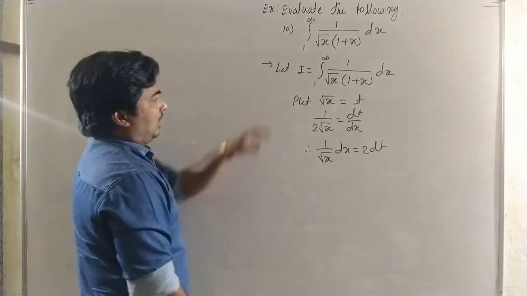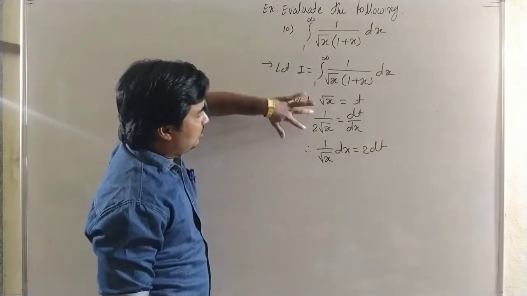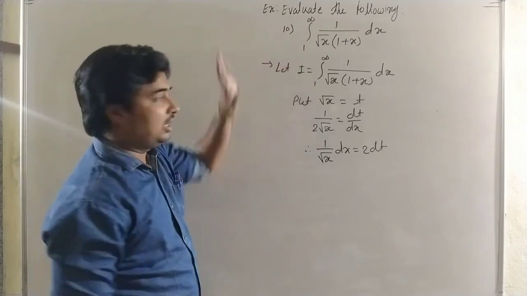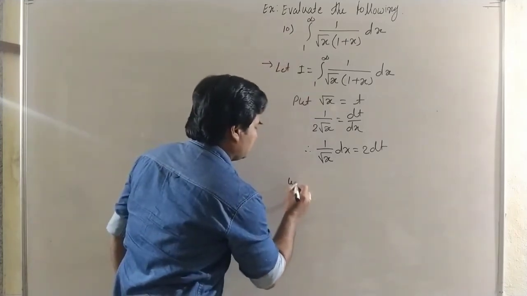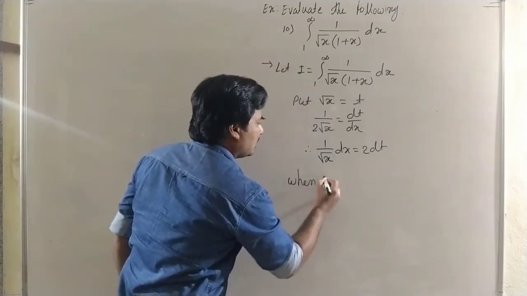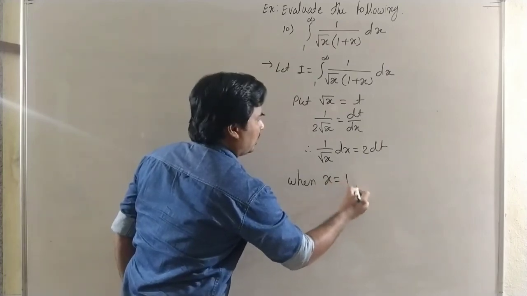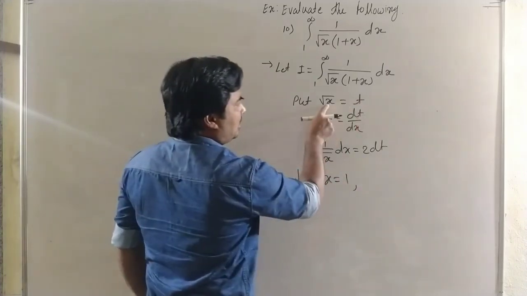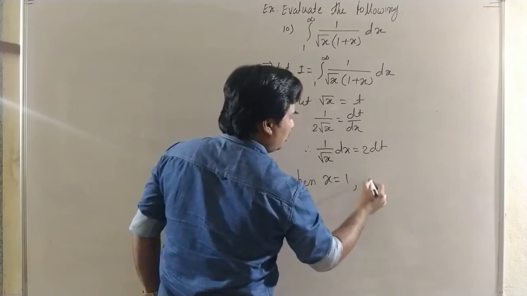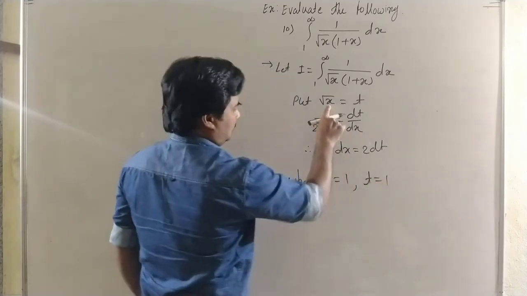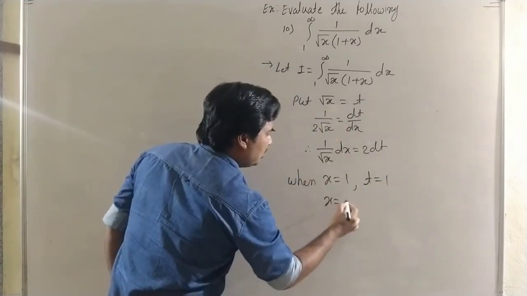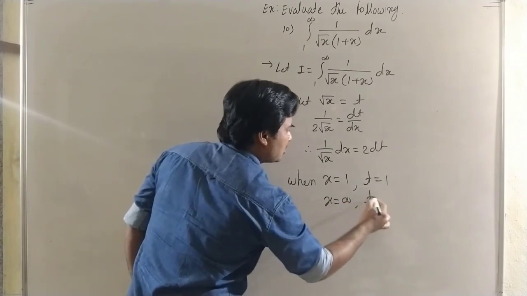Now it is a definite integral and we use substitution, so change the limits. When x is equal to 1, t is equal to 1, and when x is equal to infinity, t is also infinity.